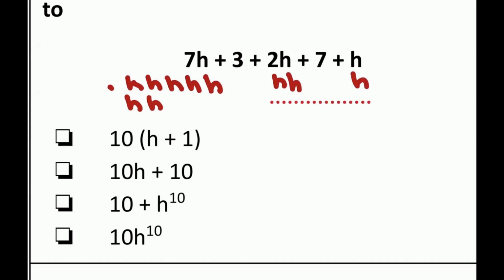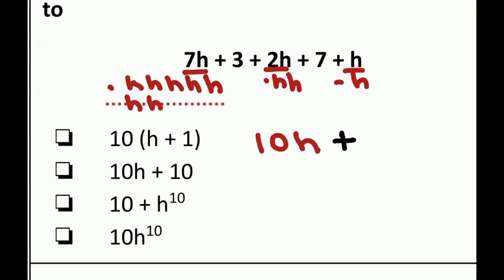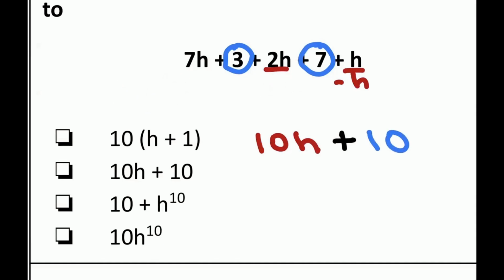So if I have 7 plus 2, that's 9, plus 1, that's 10. So we have a total of 10h plus, and then we have 3 plus 7. Those don't have h's, so they're going to stay separate, and we have 10h plus 10. Okay, so we can select this right here.